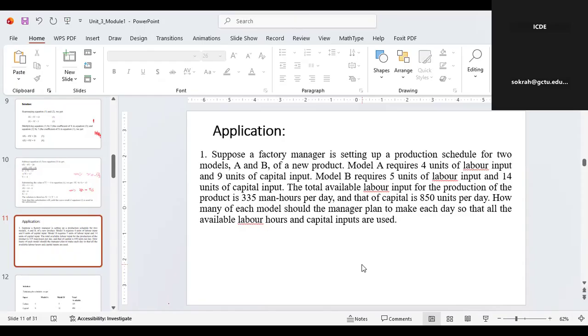Suppose a factory manager is setting up a production schedule for two models, Model A and Model B, of a new product. So once you see the two models, Model A, Model B, that tells you X and Y. So your simultaneous equation is coming in there. Model A requires 4 units of labor input and 9 units of capital input. Model B requires 5 units of labor input and 14 units of capital input.